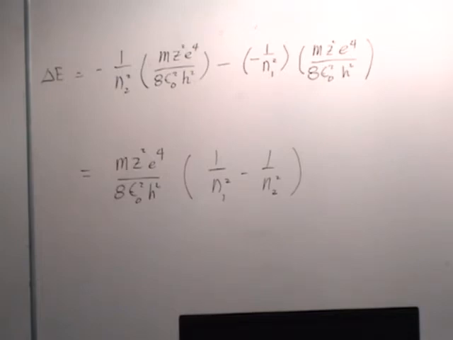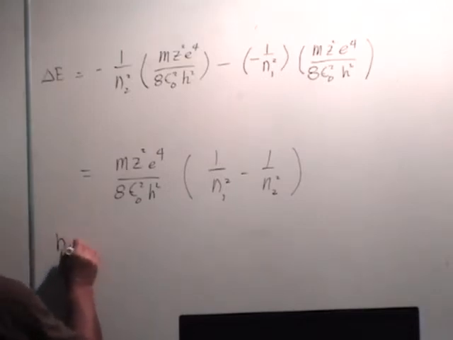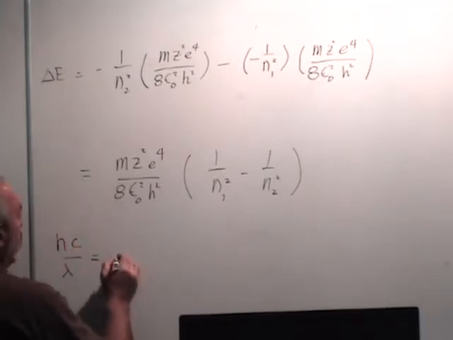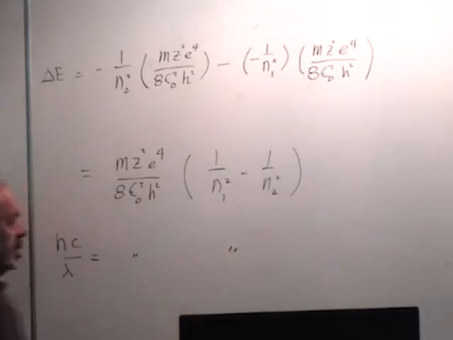So the energy difference we're going to assume is the energy in the emitted photon. And of course, the energy in a photon is either h nu or hc over lambda. So delta E is going to be hc over lambda equals the same thing above. So let me just put ditto and ditto instead of writing it all out. And now we've got it, don't we?